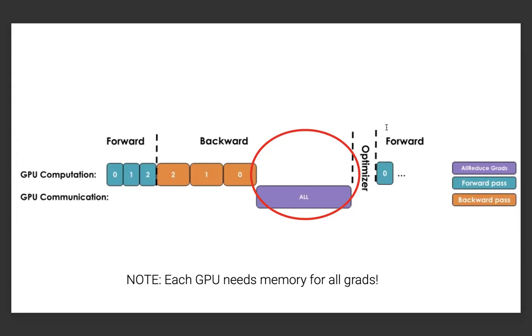Oh yeah, that's another thing to remember, that they didn't explicitly mention in the book, but it came to my mind that to do this all reduce operation, we need memory to collect all of the gradients, right?